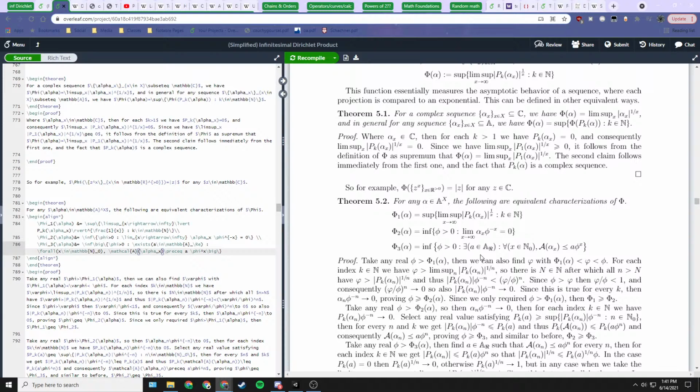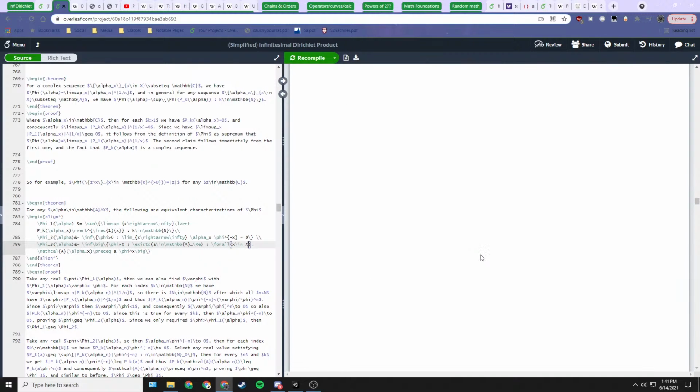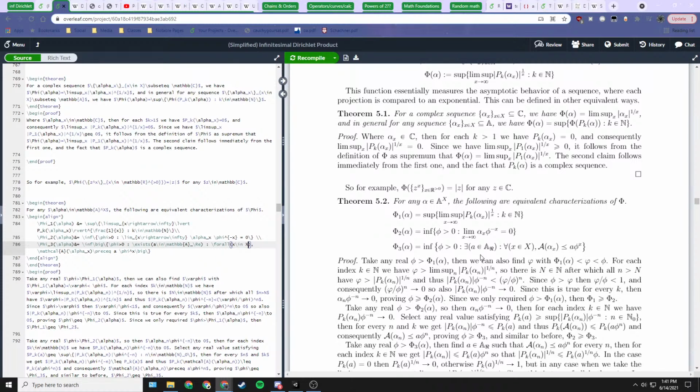This shouldn't be x and then 0. This should be x and x. Okay, so there is one error.